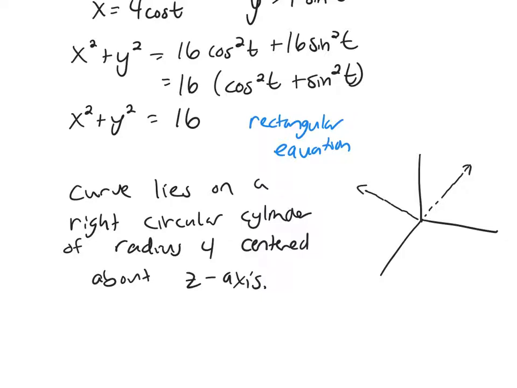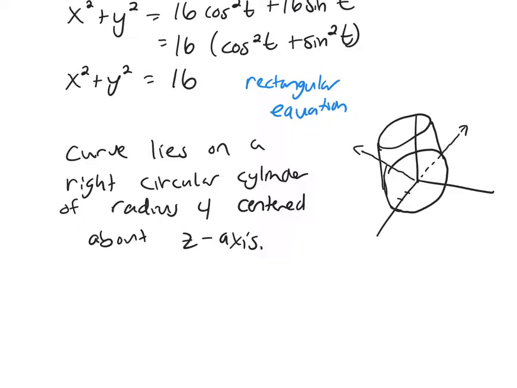I have radius 4. So I'm going to try and draw a circle here. And then it goes up the z-axis. So I know that my curve lies on the cylinder, but let's look at our z-coordinate.